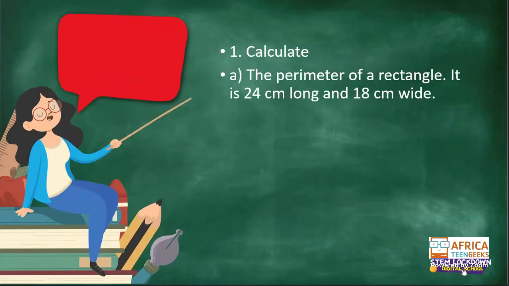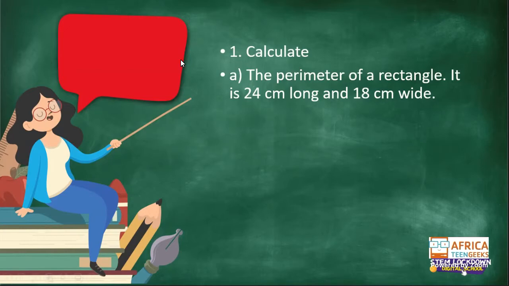I want us to calculate the area of this rectangle before we carry on. And then, of course, you will remember the formula that was used to calculate the area of the rectangle.